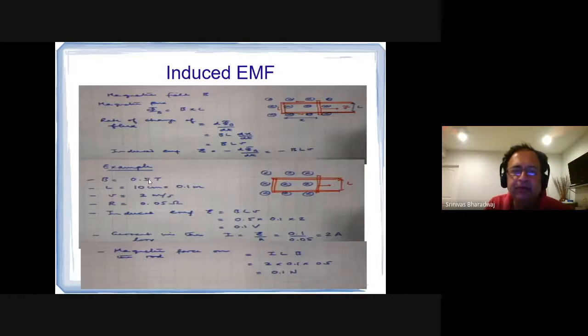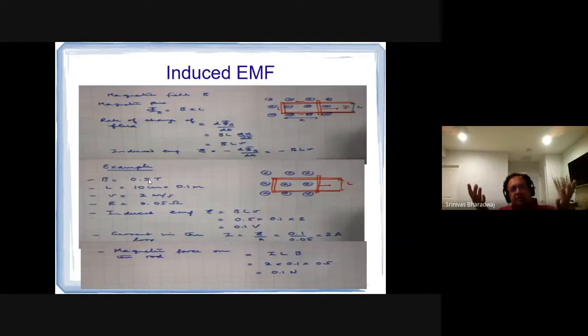Okay, so the rate of change of flux in this kind of situation, where you are moving a rod in a magnetic field at a quick rate: it is not that B is changing.